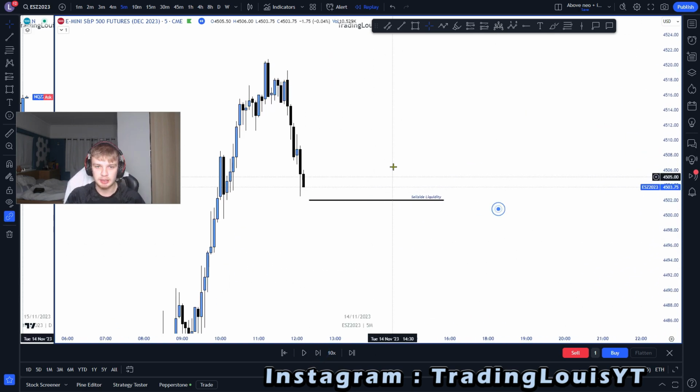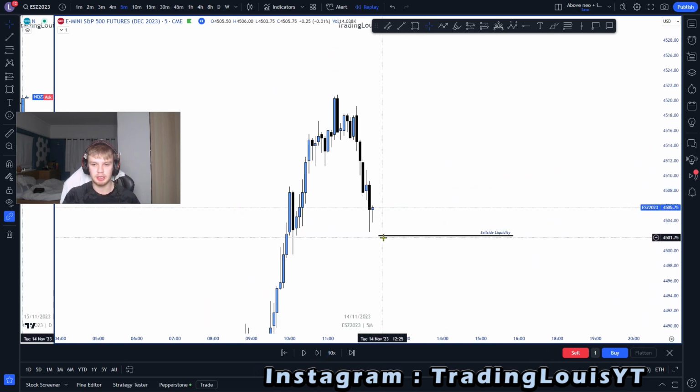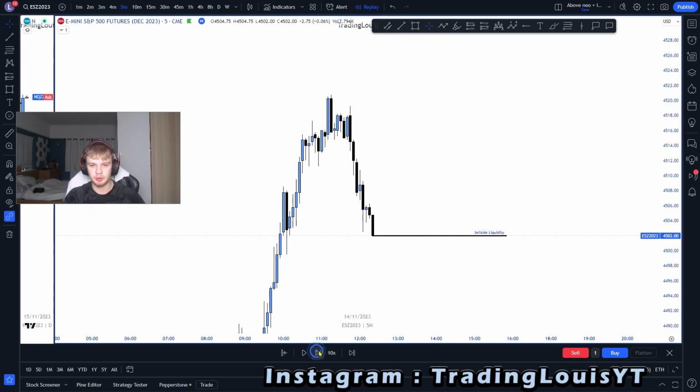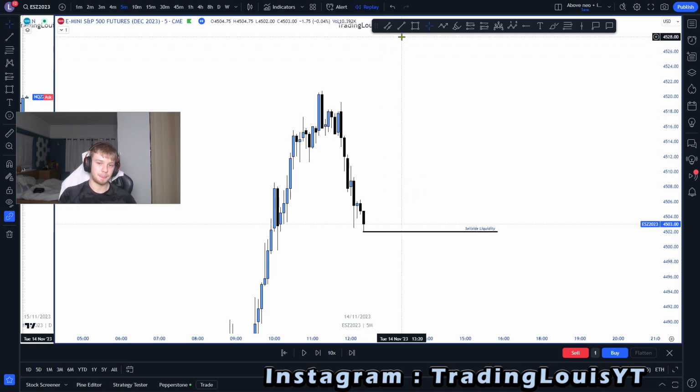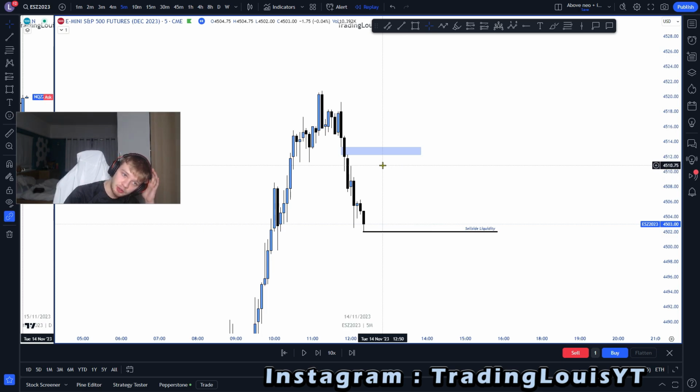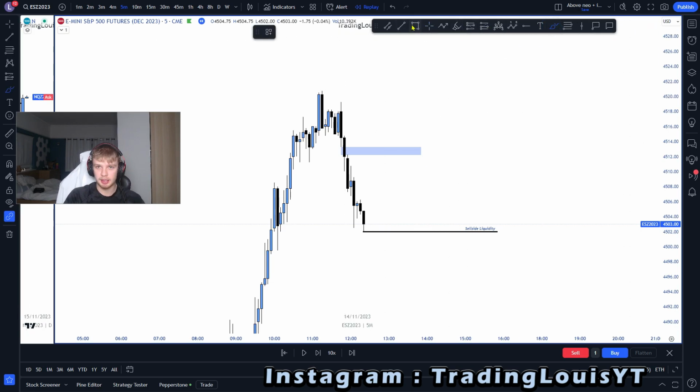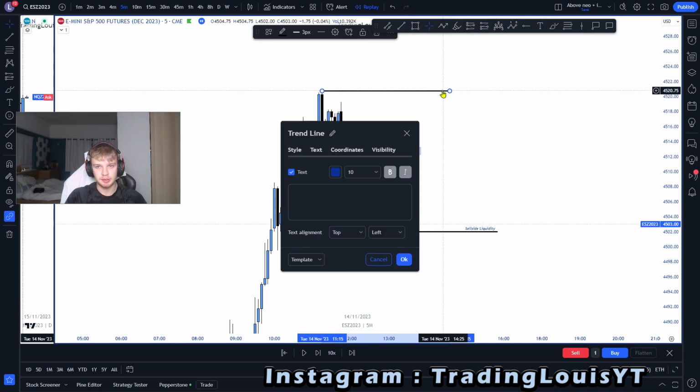So we get this small retracement creating our sell side liquidity, and all I was waiting for now is a reversal back to the upside. But I did not want to see this fair value gap here get disrespected, because if we disrespected this fair value gap, then I would think that price action was most likely going to come back and take this buy side liquidity.